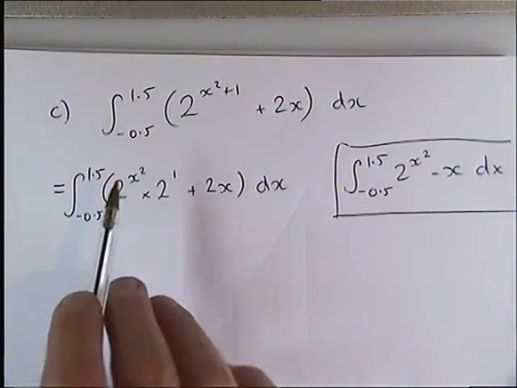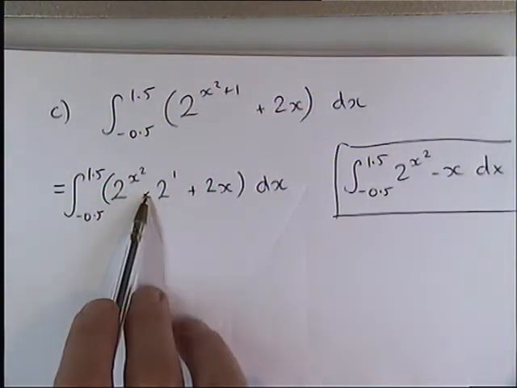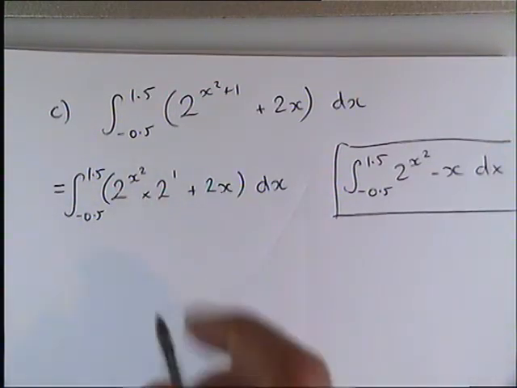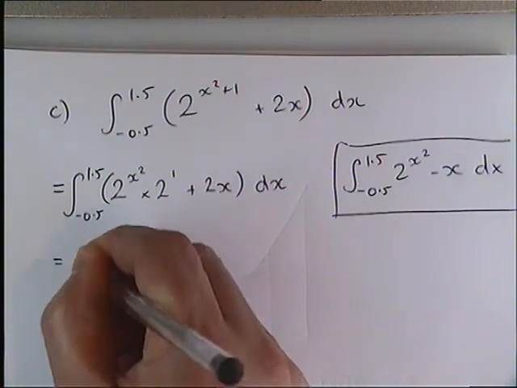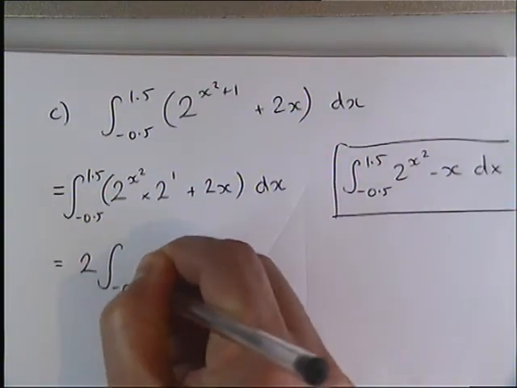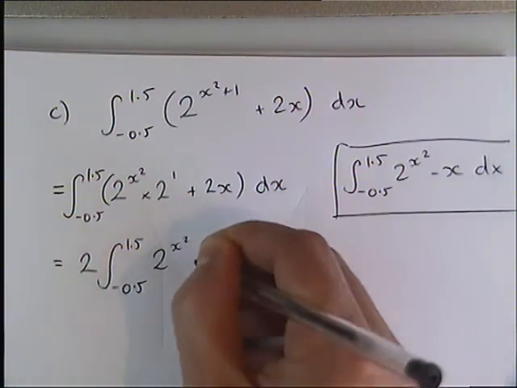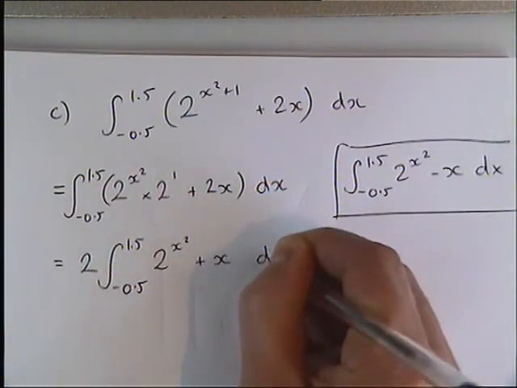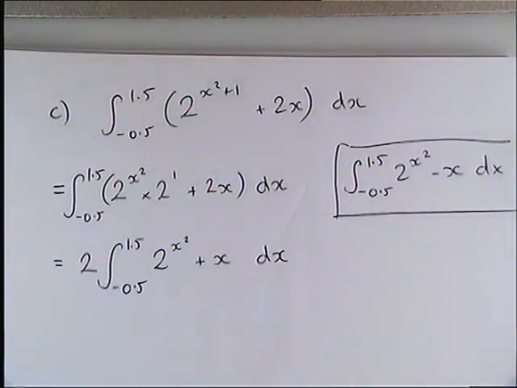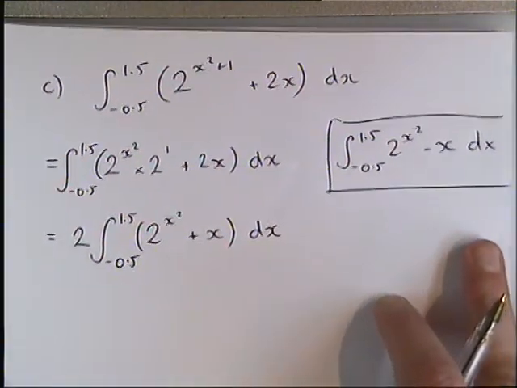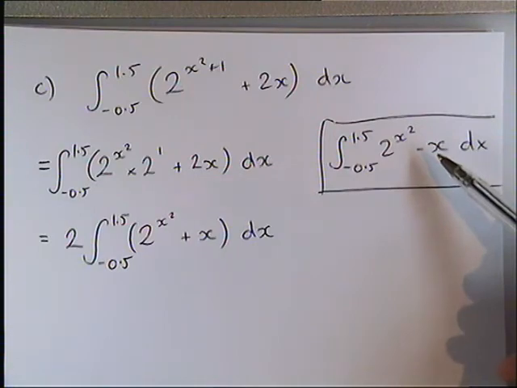And now I can see that 2 goes into both of those, right? That's 2 times that, and that's 2 times x. So if I bring a 2 to the front, like that. There we go. Let's pop some brackets around that so you know what I'm integrating. Now it looks really similar, doesn't it?